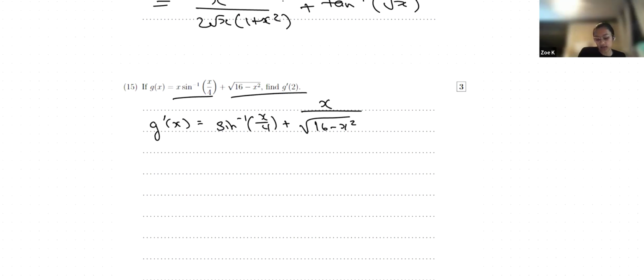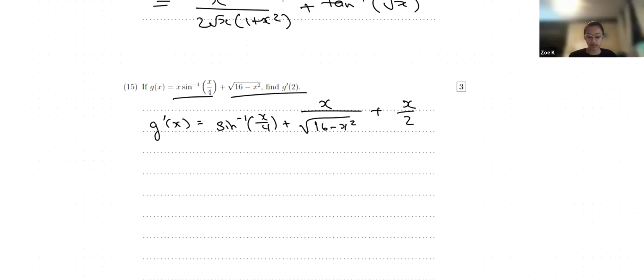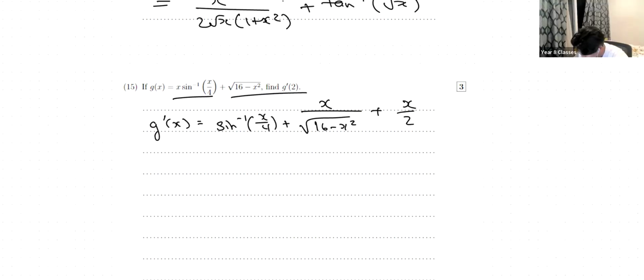So then you get x over 2 root 16 minus x squared. Hold on a second. So you said x over 2 and then what, sorry? And then on the bottom of the fraction is the root again. Yep. 16 minus. Yeah. Okay.